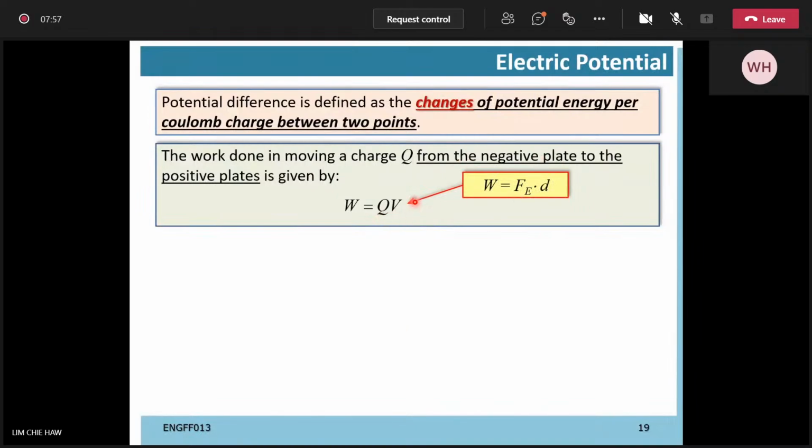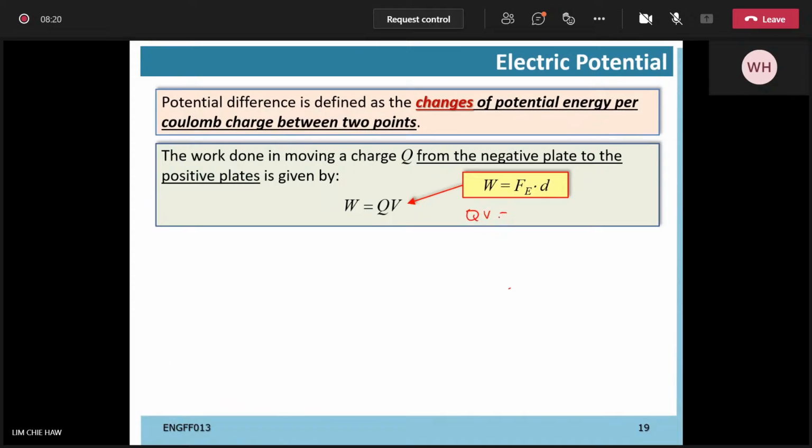So we can also equate W equals QV to Fd. Do you see that? The F here is related to the electric field. So I can do a little bit of modification here.